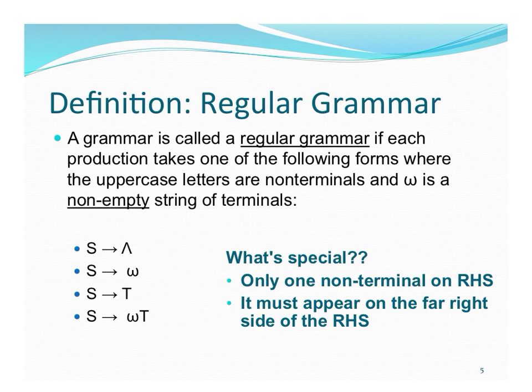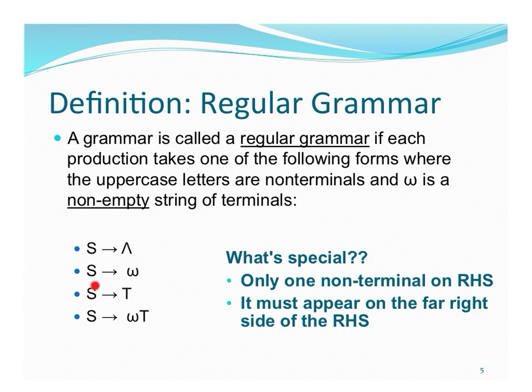So here is the formal definition of a regular grammar. We say that a grammar is regular if all of our production rules look something like this, where the capital letters are non-terminals and this omega is some non-empty string of terminals. We can have a non-terminal going to lambda.